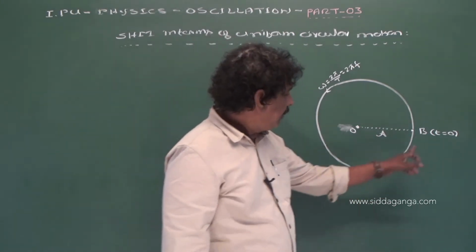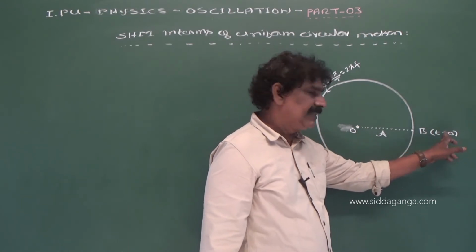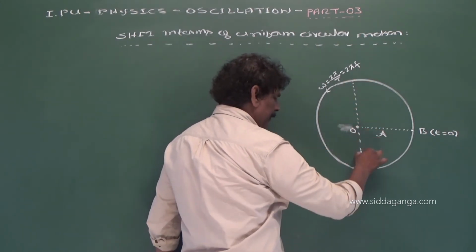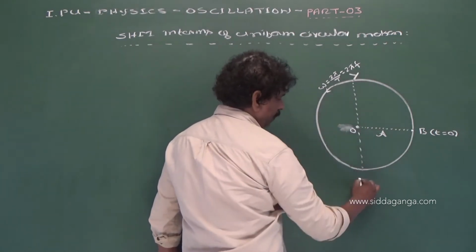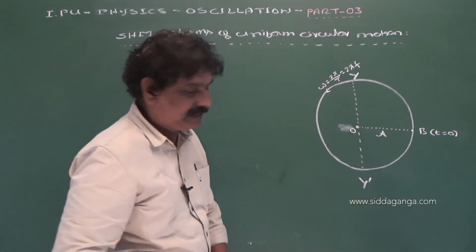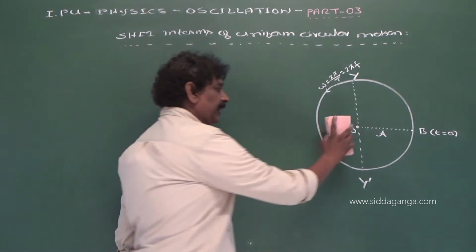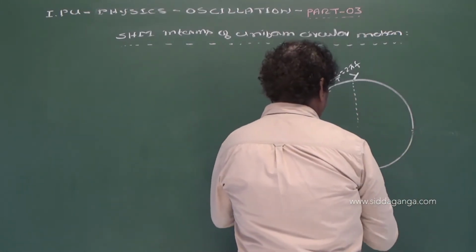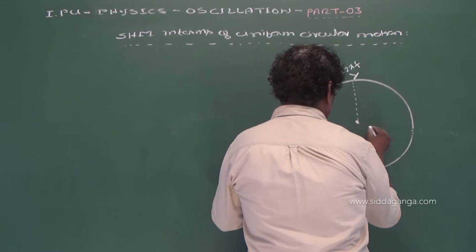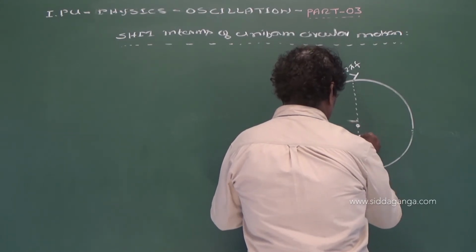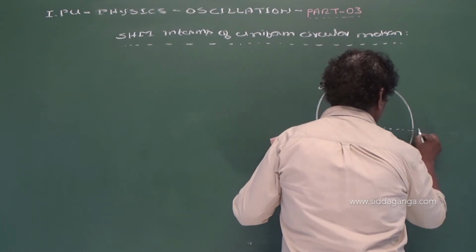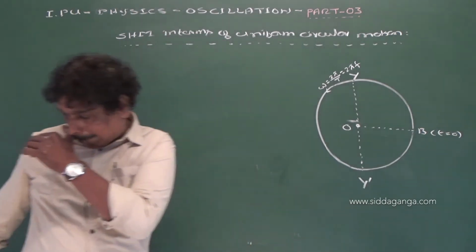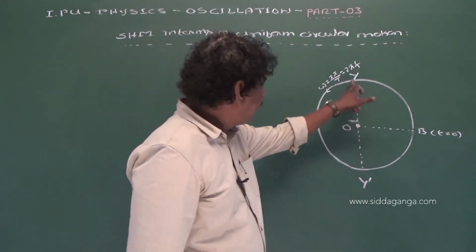Now we see here, when the particle is at B, I will write the diameter. So YOY dash, it is the diameter. YOY dash be the diameter of the circle.